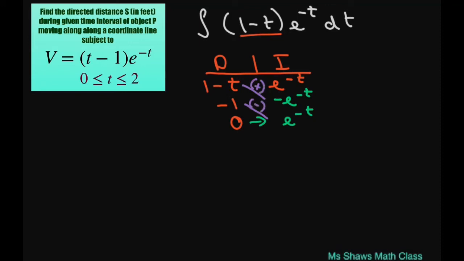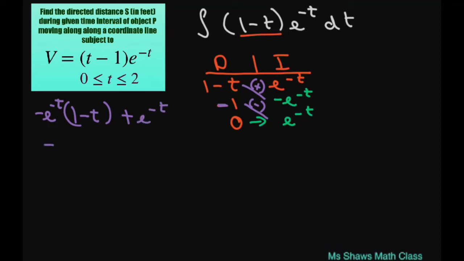So what we get is 1 minus t times negative e to the power of negative t, and then minus negative 1, so plus, two negatives, e to the power of negative t.